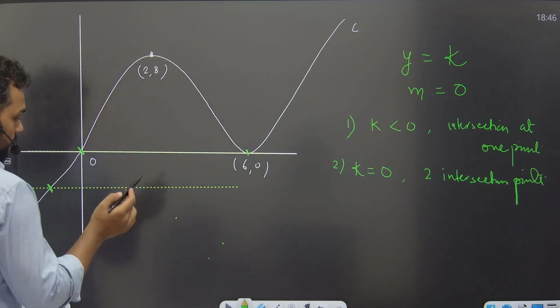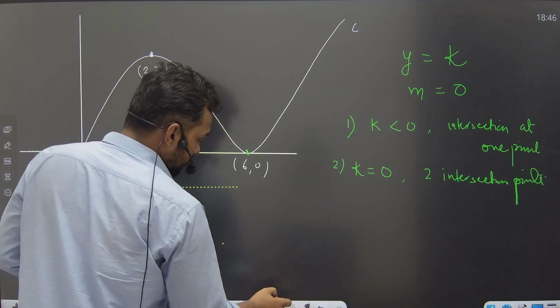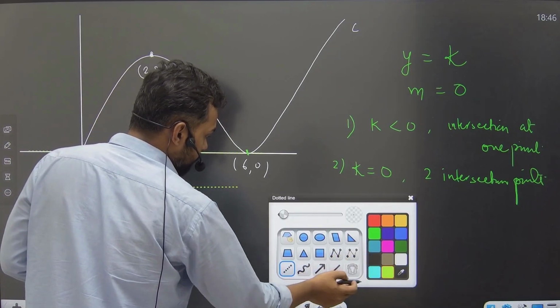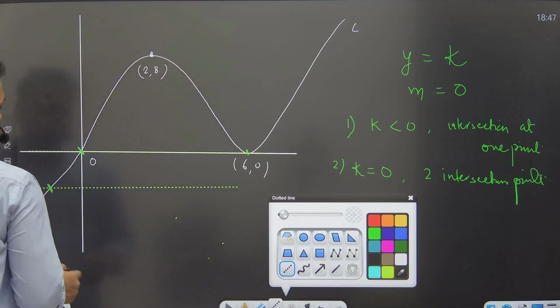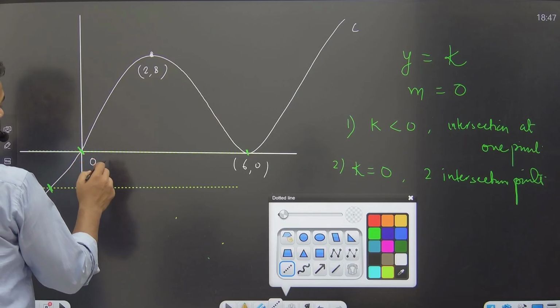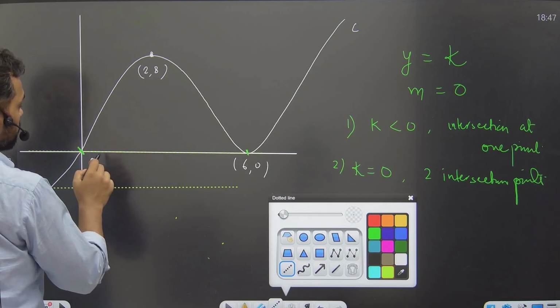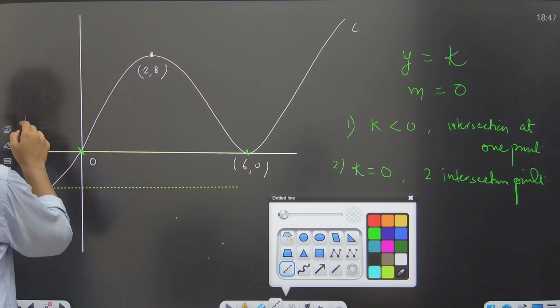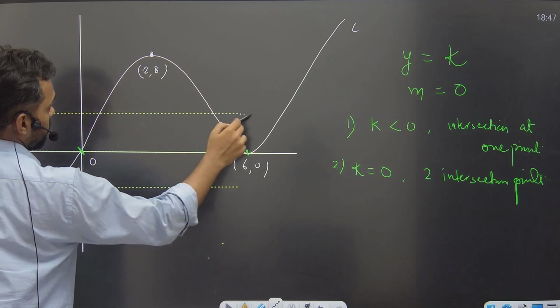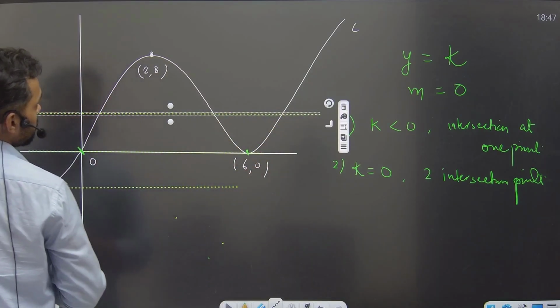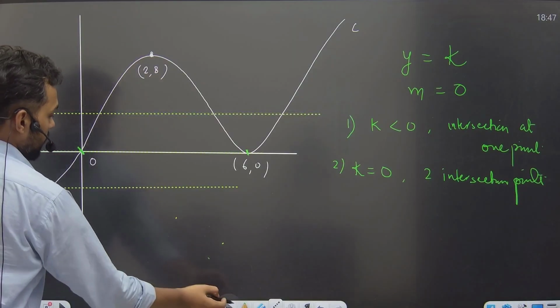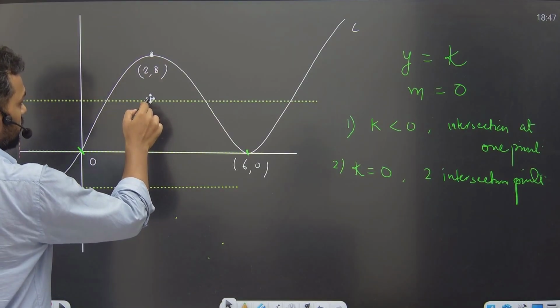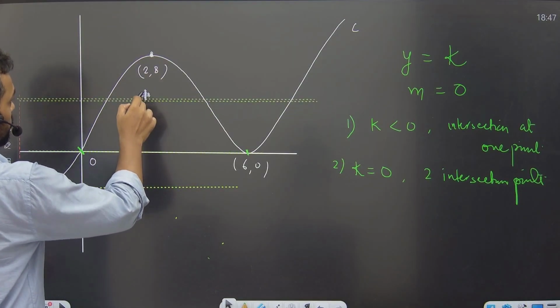Now let's discuss another case when k is lying between 0 to 8. This will be our line, this particular line. So k will be lying between 0 to 8.